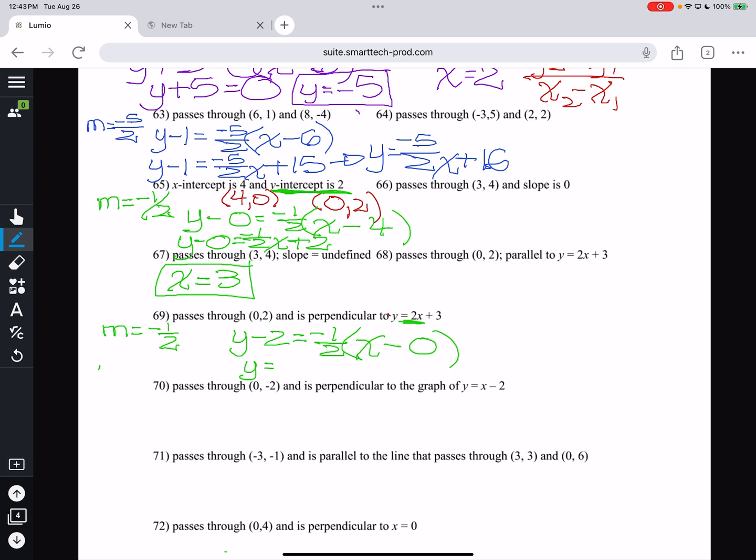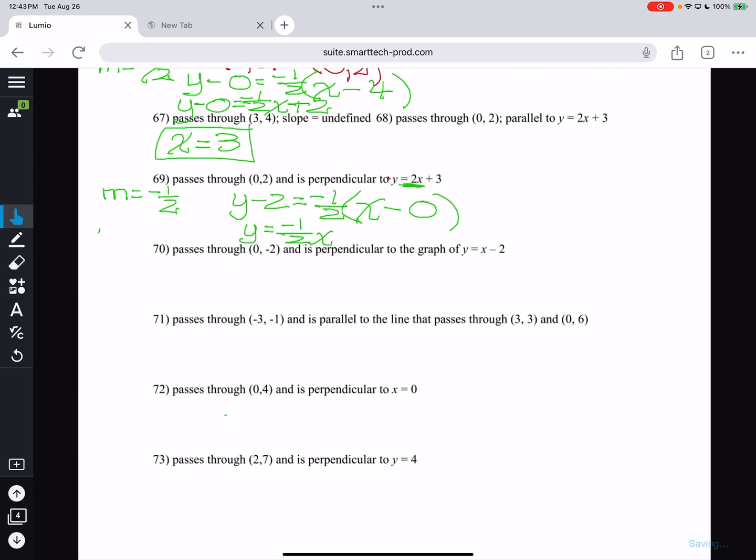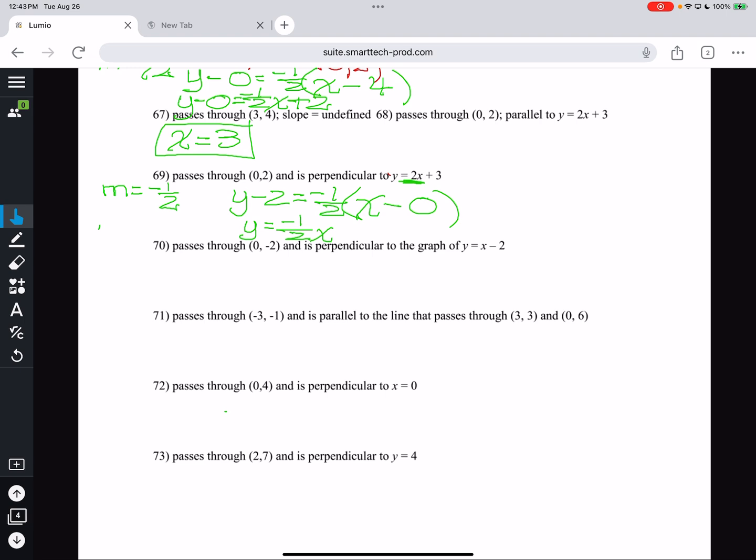So negative 1/2 times x gives us negative 1/2 x, and I can then just go ahead and move the negative 2 over as a positive 2. That was the long version.